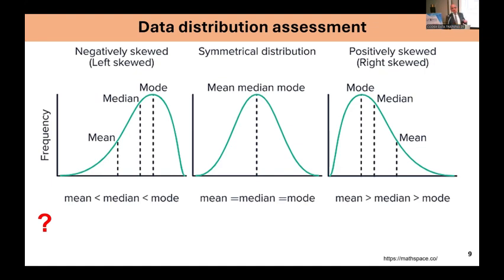As you can see, the majority of our data is around the mean, the median, and the mode. We have a few results that are lower and a few that are higher. So it's a very symmetrical distribution showing a normal distribution of data.